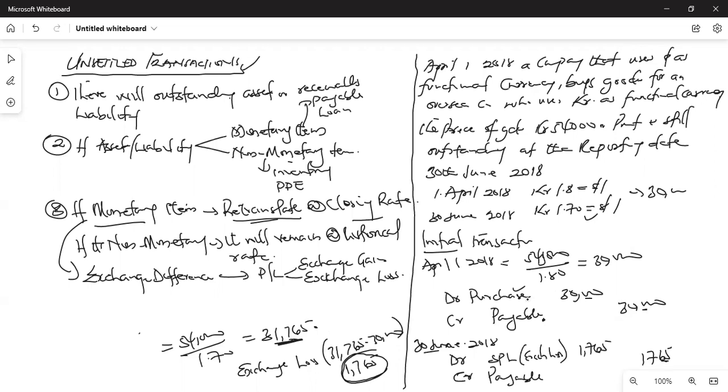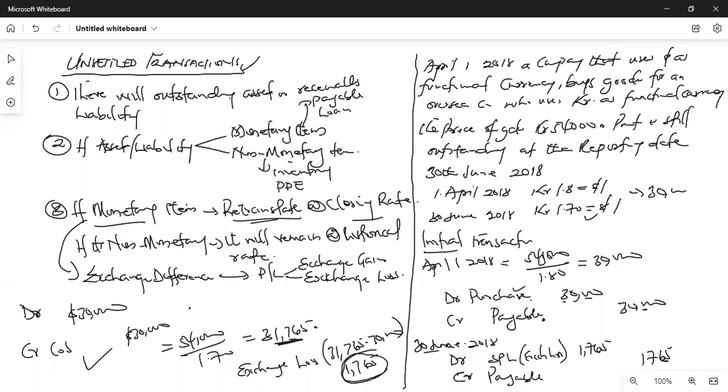As for the inventory that we have because of our purchase, it is still going to remain, because inventory is not a monetary item. So the inventory that we did is still going to remain in our books at $30,000, and the corresponding entry, which is purchases, cost of sales, will still be $30,000.